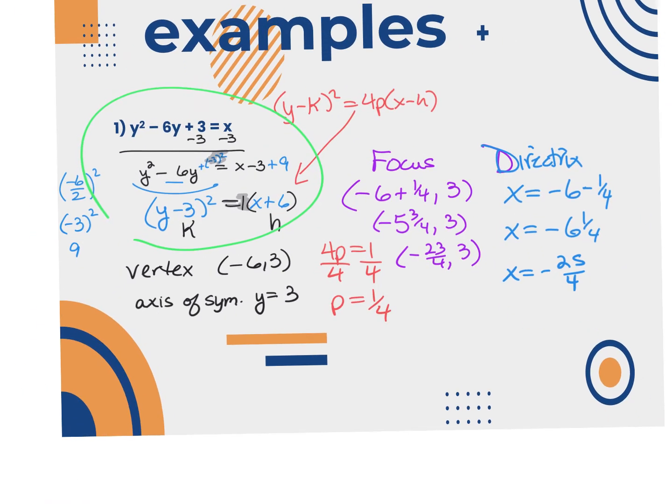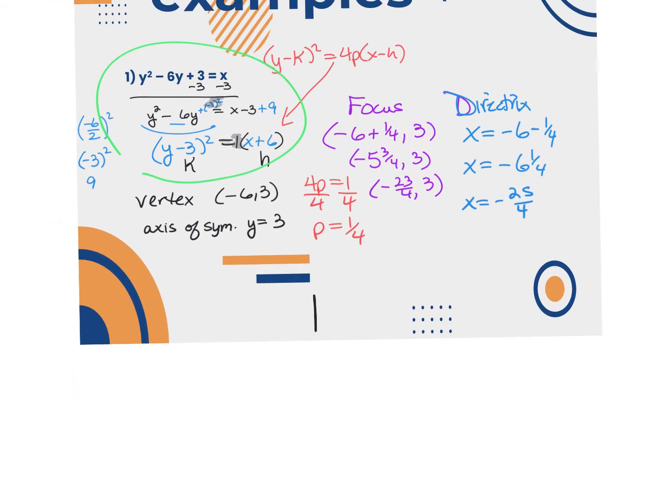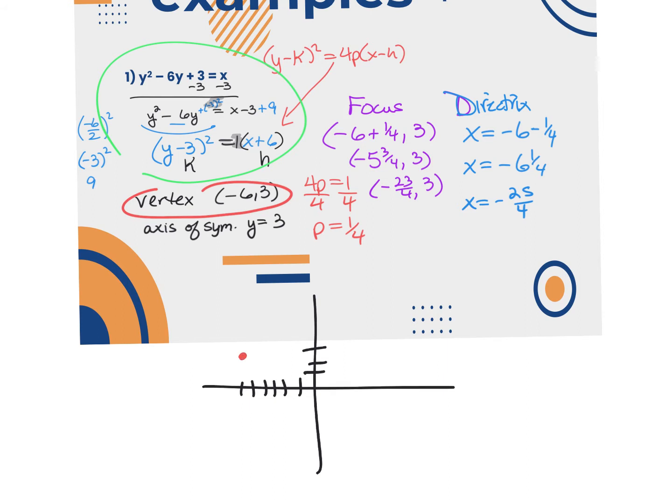Now, I'm going to take all this information and put it on the graph. Here's my axis. I'm going to go ahead and graph my vertex. 1, 2, 3, 4, 5, 6. 1, 2, 3. So my vertex is right here at -6, +3.